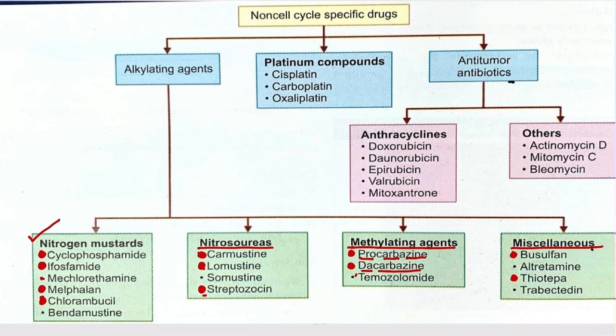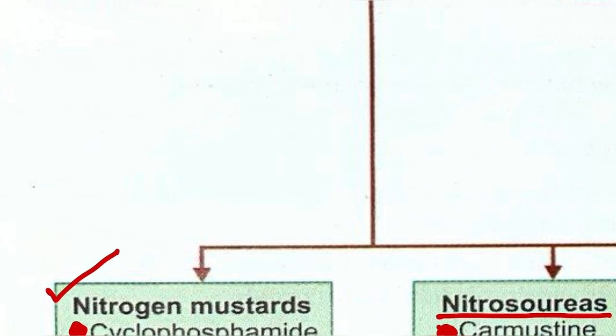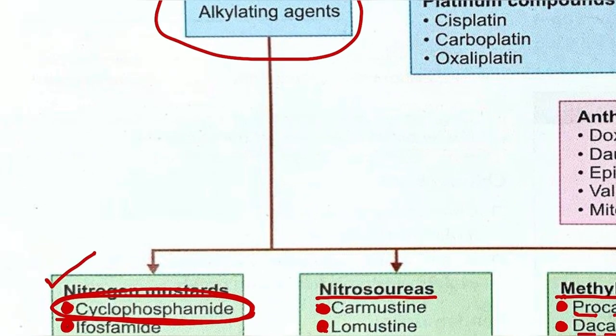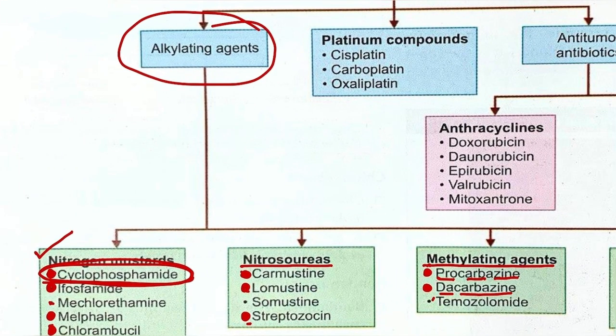My suggestion is to try to remember these 11 drugs as alkylating agents. Okay. And among all these drugs, the most important and frequently asked drug in your exam is cyclophosphamide. So cyclophosphamide is the most important alkylating agent for your exam purpose. Exam purpose means, again I am telling you, second prof exam purpose.